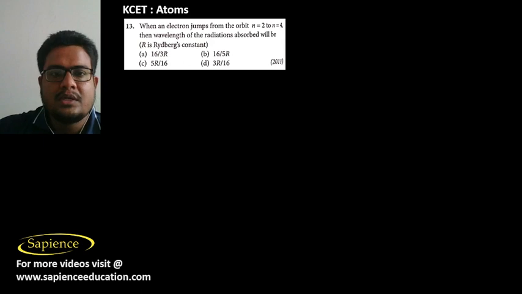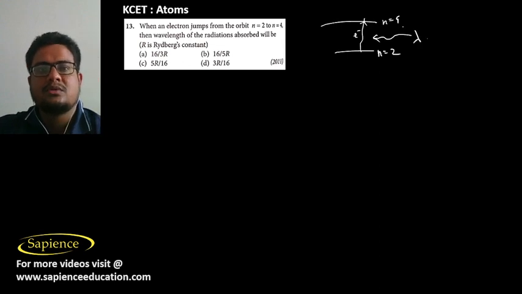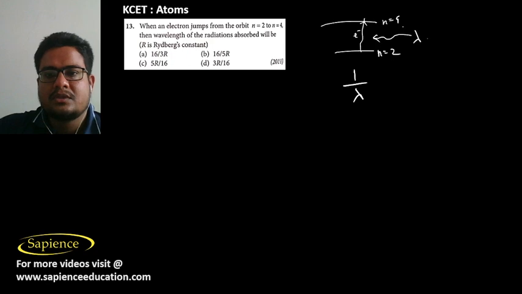Then question number 13 says that when an electron jumps from n is equal to 2 to n is equal to 4, the wavelength of the radiation absorbed will be. So 1 by lambda is equal to R into 1 by n1 square minus 1 by n2 square.